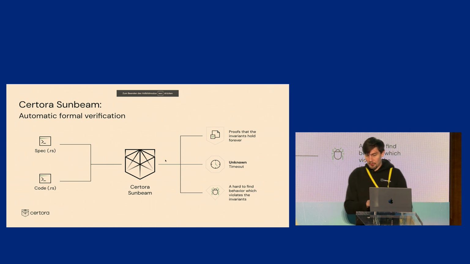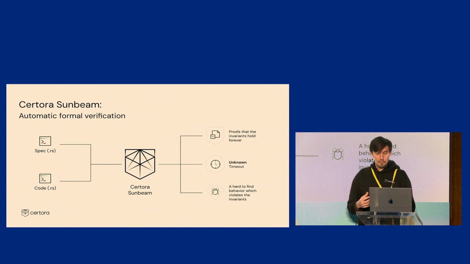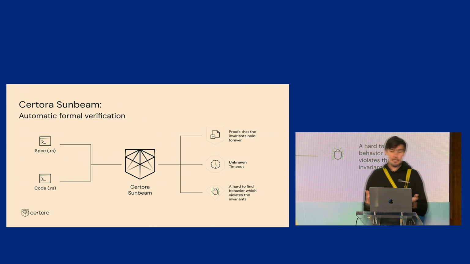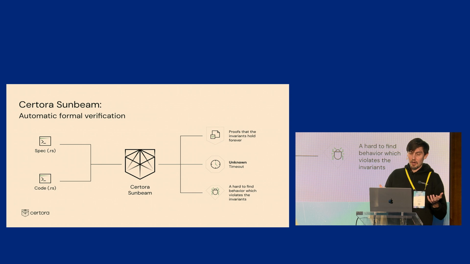Before I show you how you can run the tool yourself, I want to give another high-level overview of what we're actually doing here. When you want to run Certora, you normally have your code that you want to verify, and somewhere else you have your specifications.